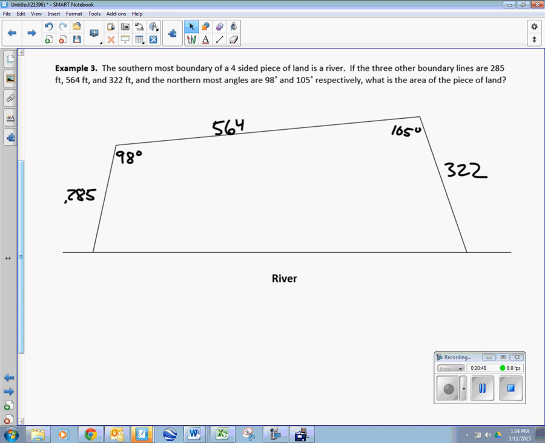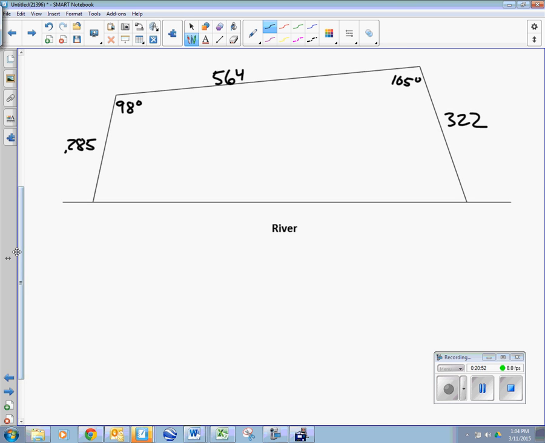Area equals 1/2 base times height for a triangle, but we've got this great formula: area equals 1/2 AB times the sine of C, or 1/2 times two sides times the sine of the included angle. The formula for the area of a triangle is excellent for solving these kinds of problems. I don't have a triangle shape.